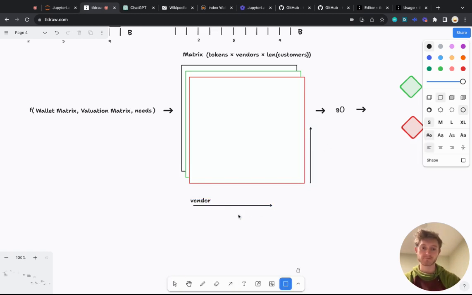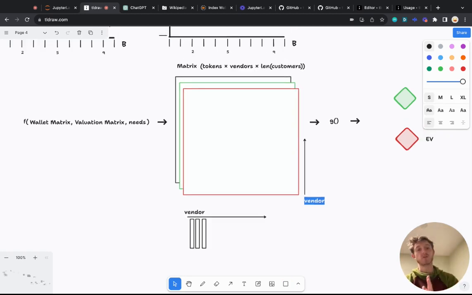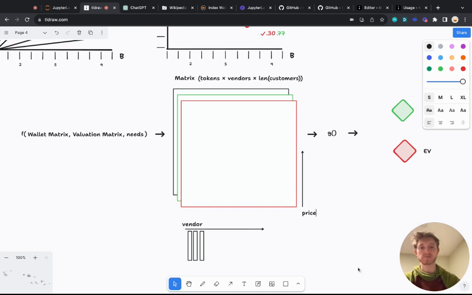Up this way, these are rows of vendors. What's in each row? A price.